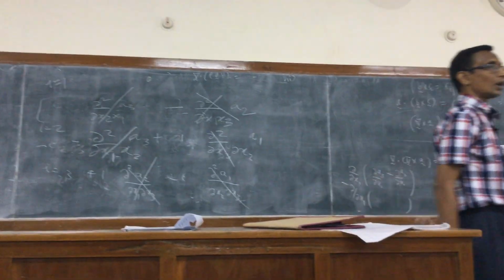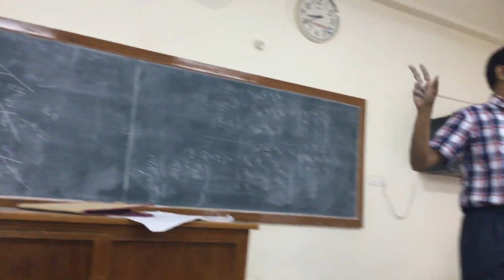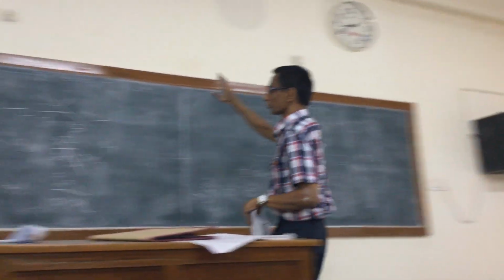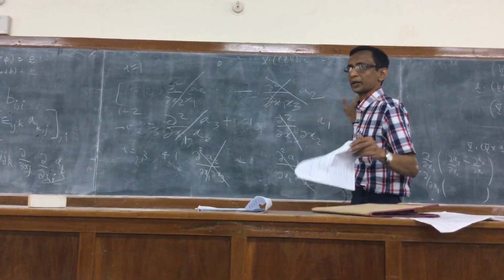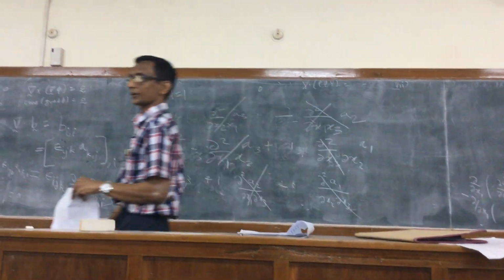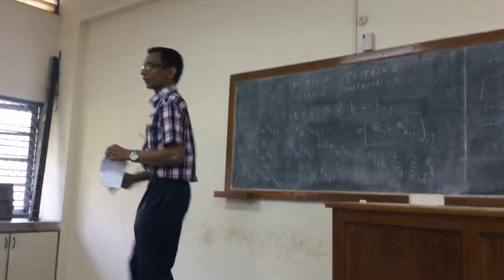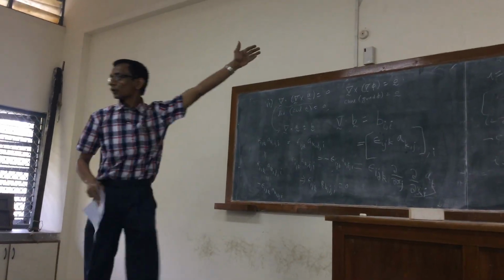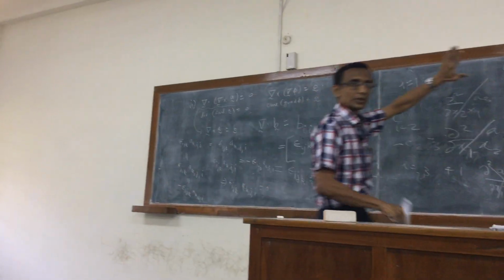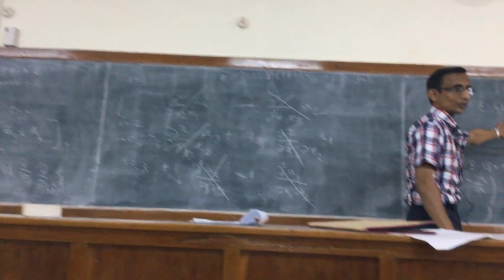Each method has its merits. This is probably the most brute force method, just expanding it out and then verifying it; it's perfectly fine. That one brings out the dot product of a cross product, the operator in place of just the cross product.